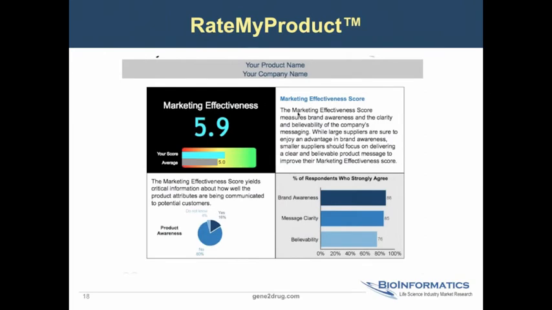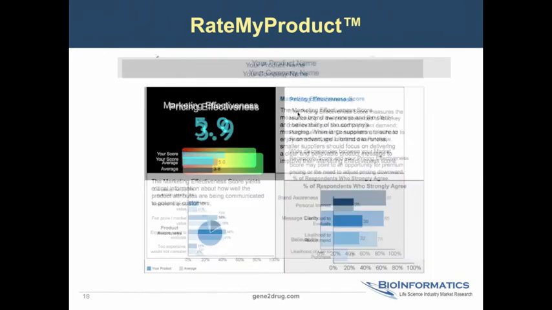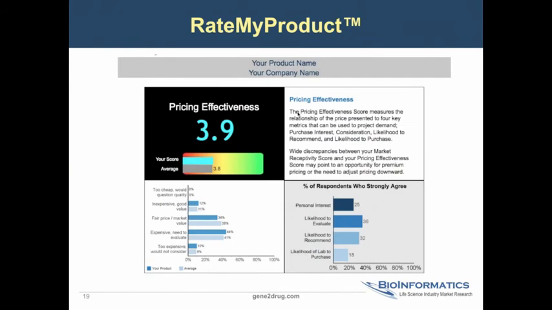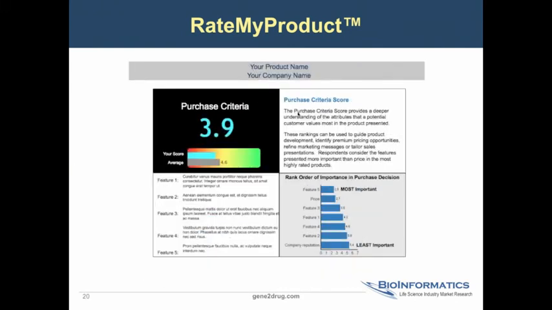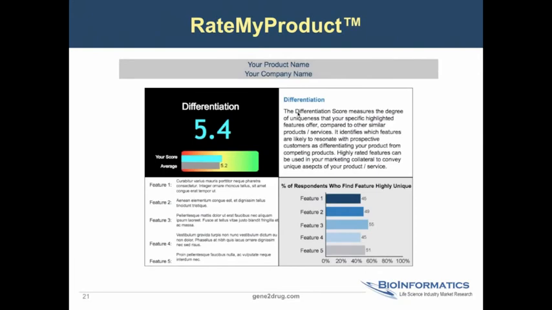Marketing effectiveness measures brand awareness and clarity of marketing message. Pricing effectiveness measures appropriateness of pricing. Purchase criteria provides an understanding of the attributes that a potential customer values most in the product presented. Differentiation indicates how unique your product features are compared to your competitors. So Rate My Product can provide a snapshot of your product's performance to quickly identify strengths and weaknesses, the missing pieces of the puzzle.